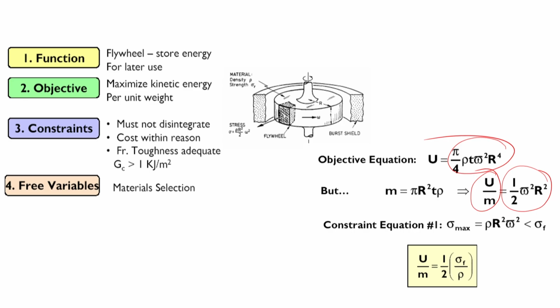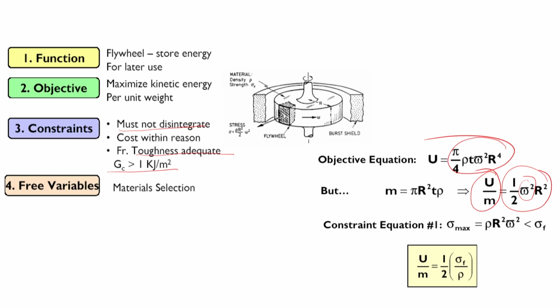Okay. Now, we have constraints here. What are the constraints? A flywheel cannot arbitrarily rotate at a very high speed, because you can see here that in order to have better efficiency, the omega can be increased, but then it is going to disintegrate. Okay. Cost should be within reason, and the fracture toughness should be adequate, Gc should be adequate.